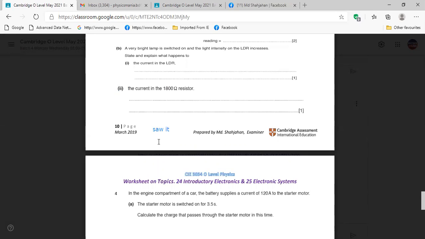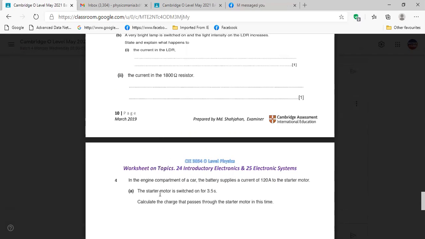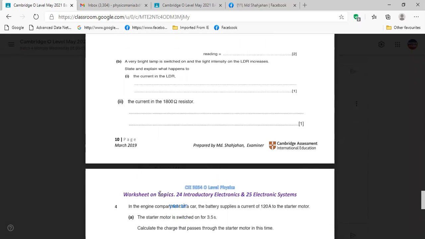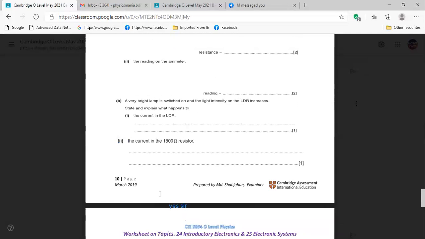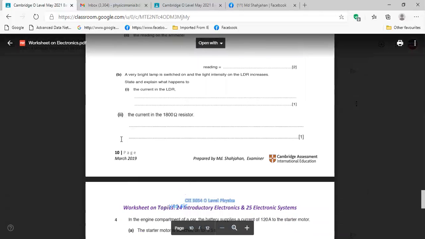You see, that one you write. The explanation is written there. You write in your worksheet. Current remains same. For this one, you will get marks, but in bracket, I wrote the explanation so that you understand it. Is it clear? Yes, sir. The explanation, is B2 clear to you, right?